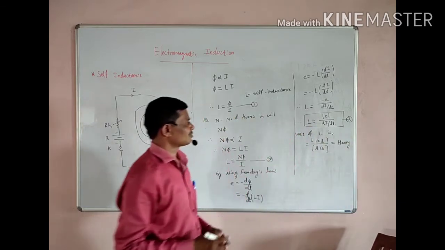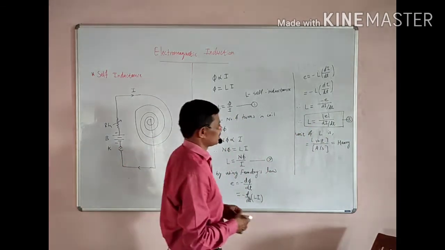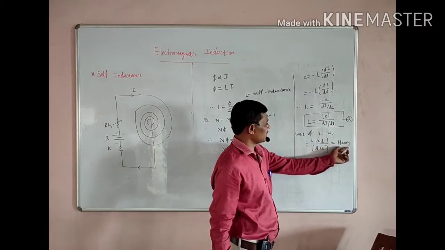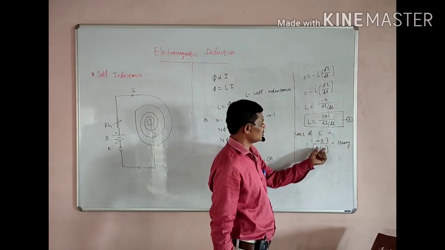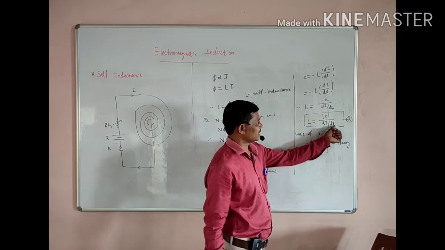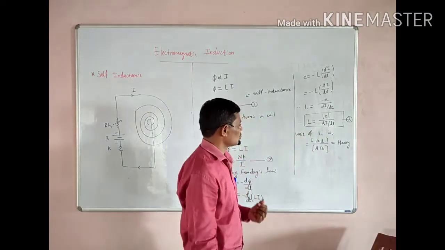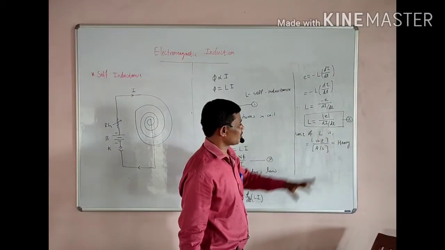That means coefficient of self-inductance has an SI unit, that is nothing but Henry, because EMF is measured in volt, current in ampere, and time in second.